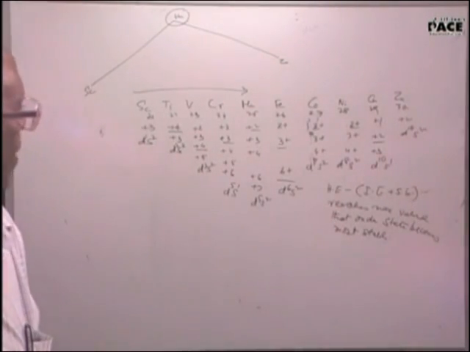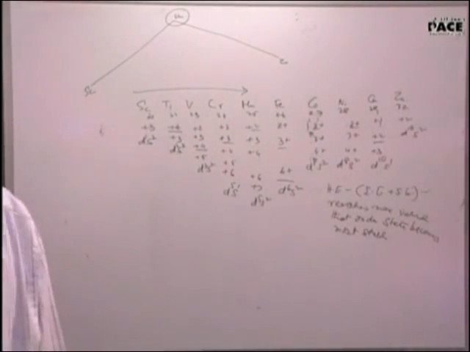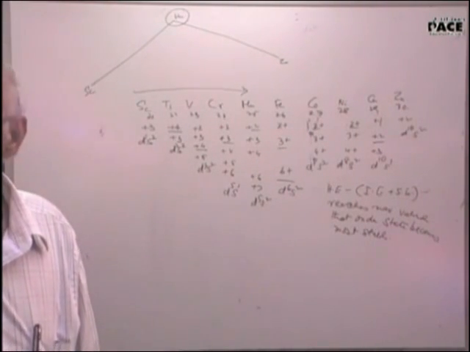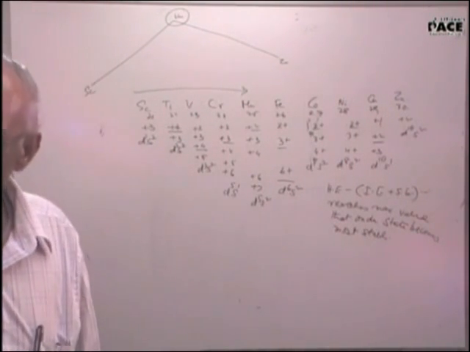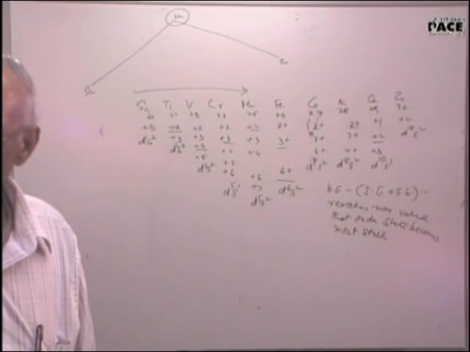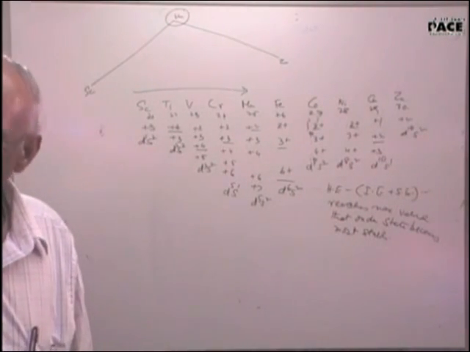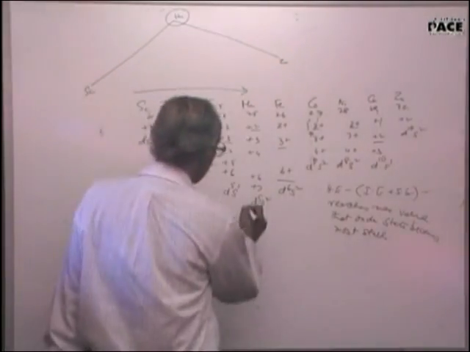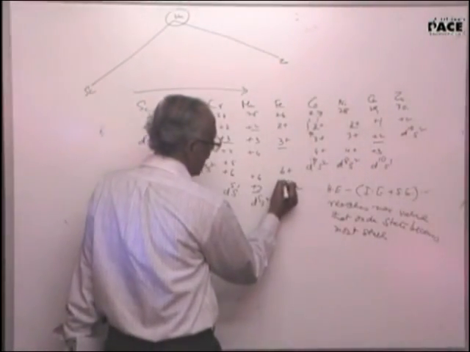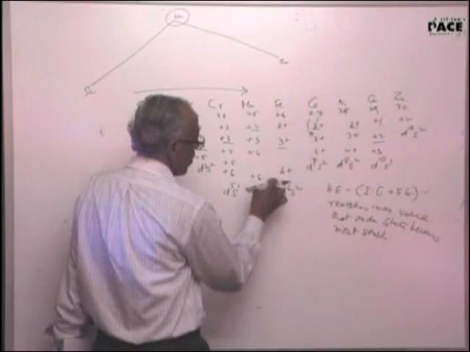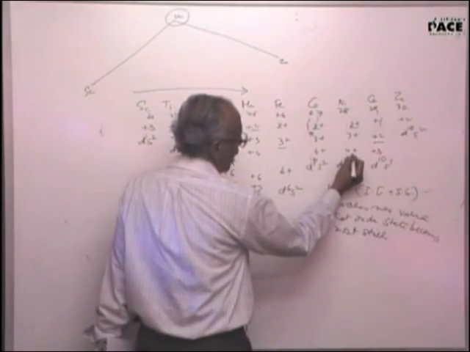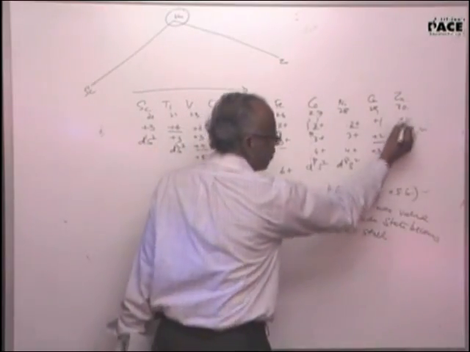Beyond manganese, it does not allow all the electrons to be ionized. As a result, the highest positive oxidation state becomes lower and lower. So you see here +7, +6, +4, +4, +3, +4.